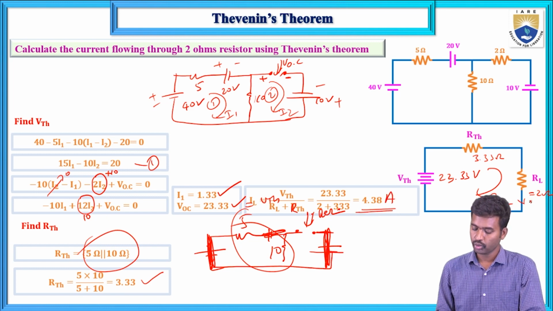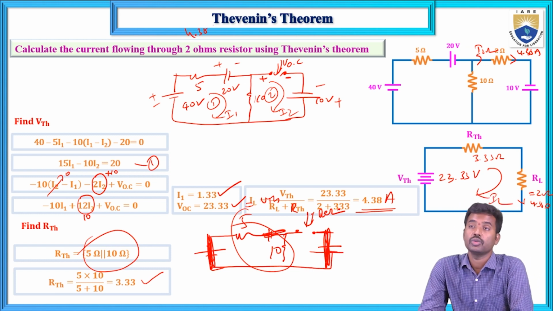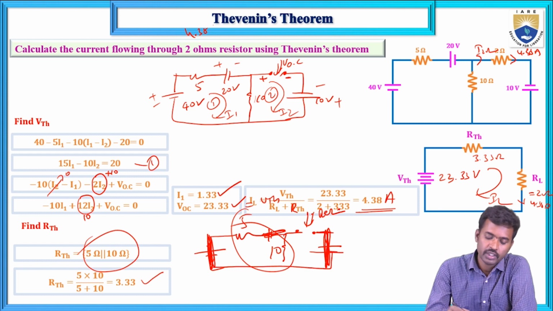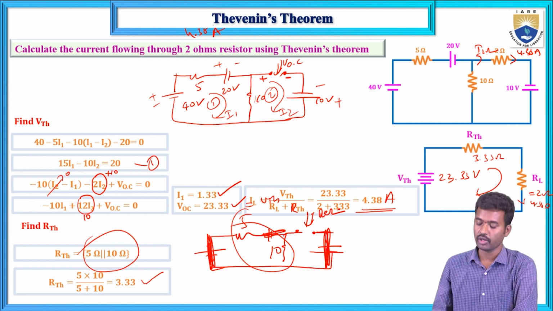So the current flowing through the 2 ohm resistor using Thevenin's theorem is 4.38 amperes. From the mesh analysis and superposition theorem we also got the same value.